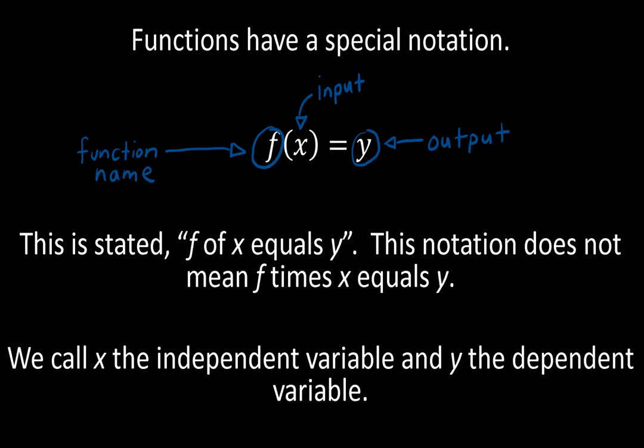You can also see that using function notation gives us a way to identify our input and our outputs for a function. Now, this notation does not mean f times x equals y. This means f of x equals y. We call the x, the input, the independent variable, and y, the dependent variable.